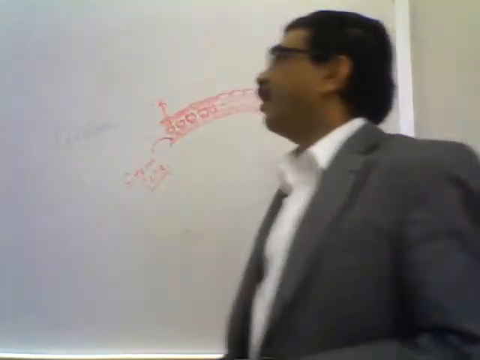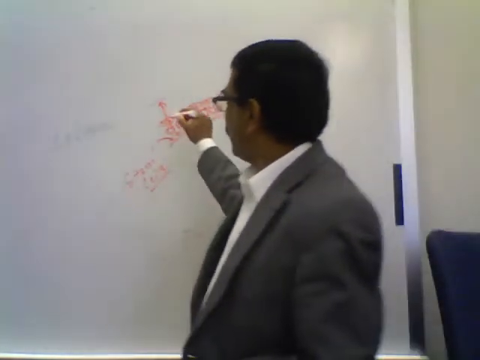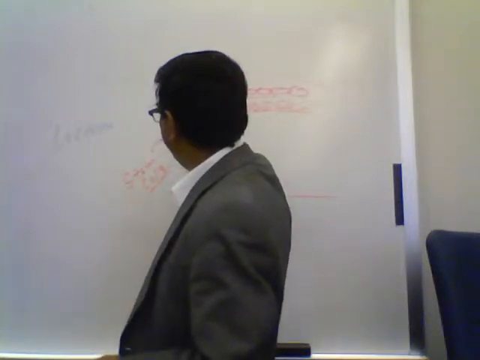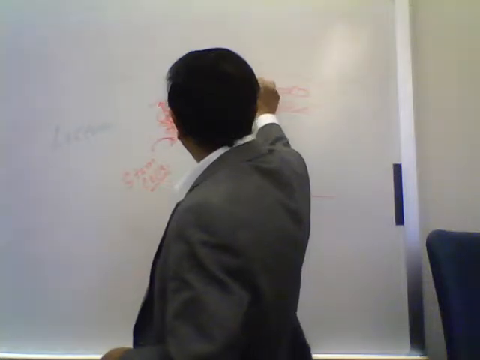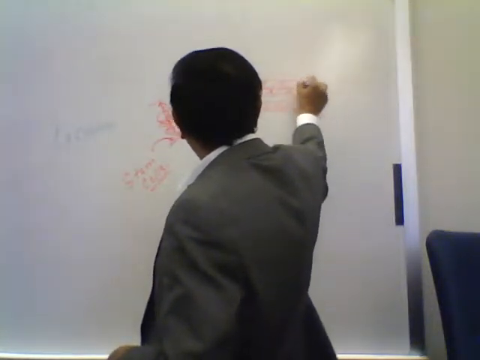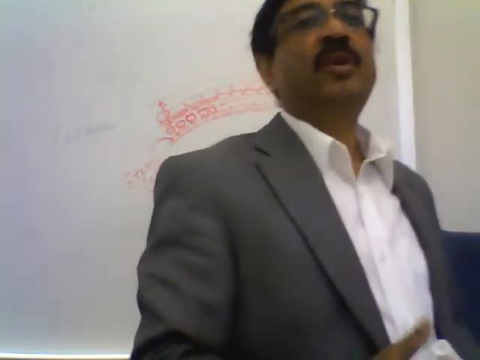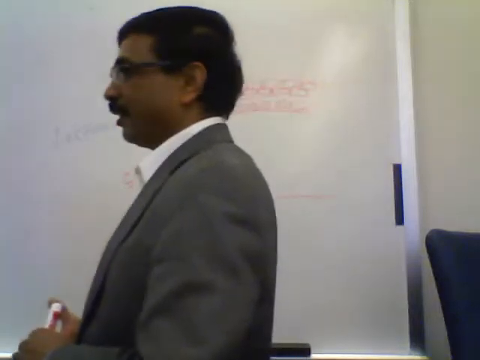Then stratum lucidum. Stratum lucidum is only present in the thick skin epidermis. Only present in thick skin epidermis, absent in thin skin. Okay. So this layer is also called clear layer, transparent layer.